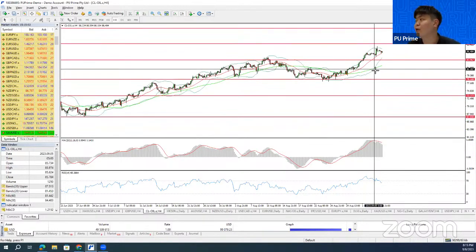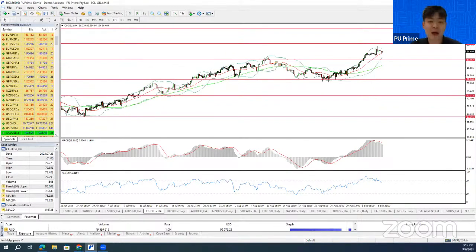It might reach 93.35. To explain why the overall trend for the oil market suddenly became so bullish, even though you can notice the pessimistic economic outlook, especially in China, due to the property crisis, the oil market remains strong. Why does this happen? It's mostly due to the supply disruption issue.